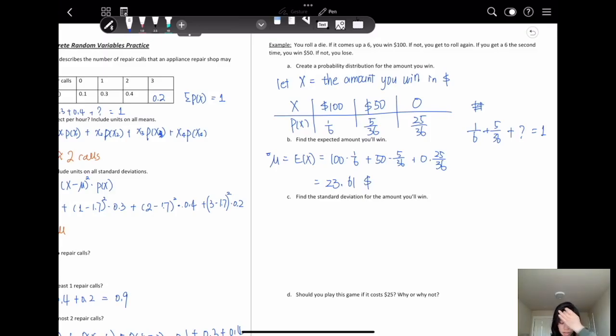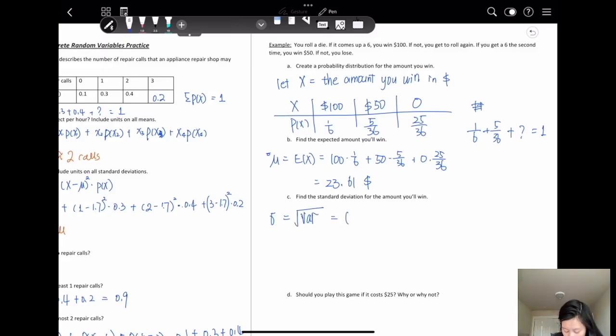Okay, so find the standard deviation. Remember, the standard deviation is equal to the square root of sigma squared, which is the variance. So now let's do it.